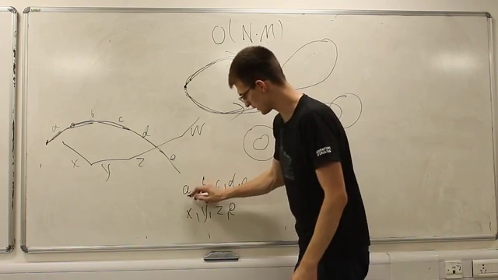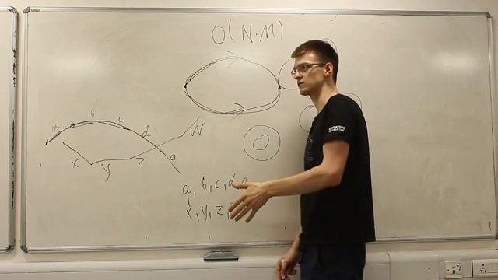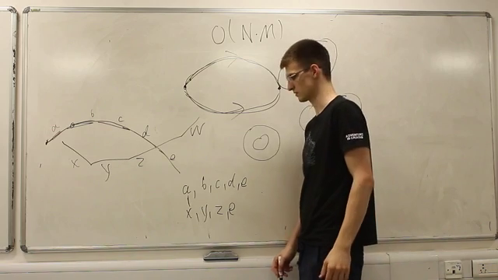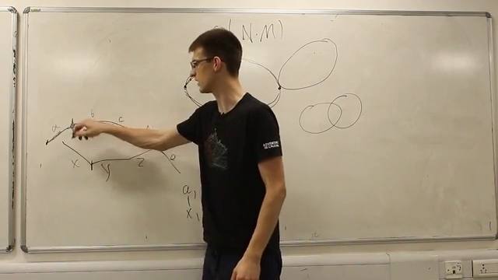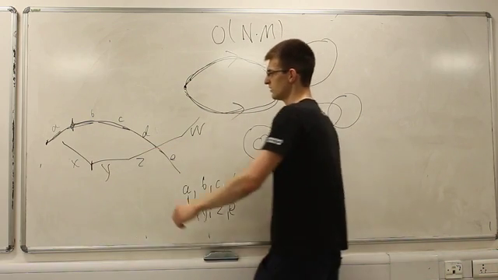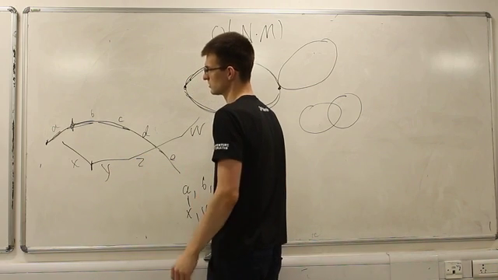check whether A and X intersect, and check which one ends further to the right. Let's say that X ends further to the right than A. So now we don't have to check A with some segments on the right.